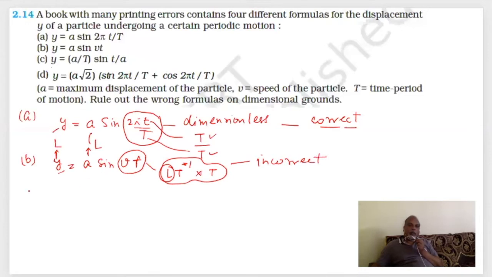Now see, C: y is equal to a upon T sin(t upon a).